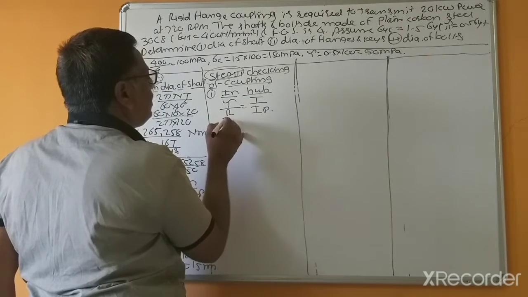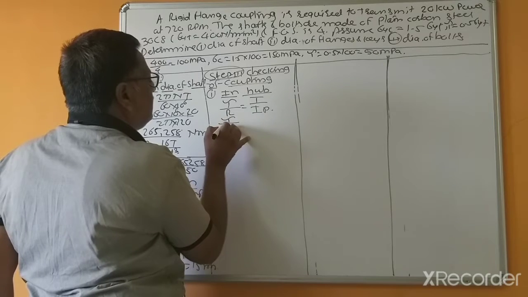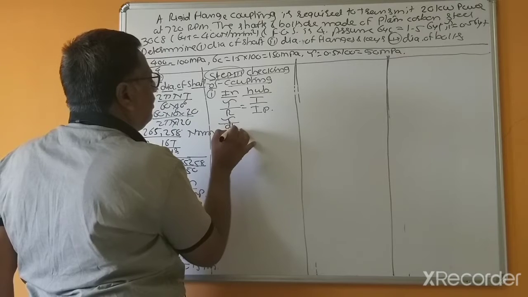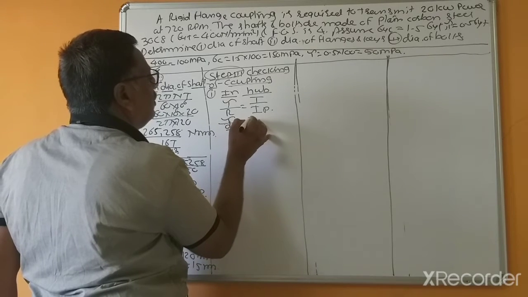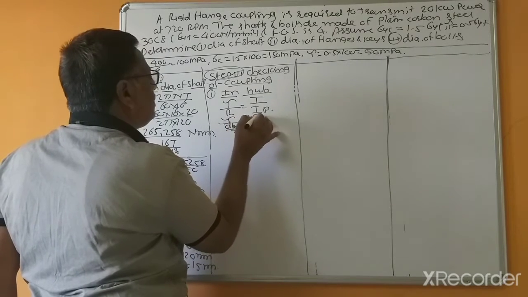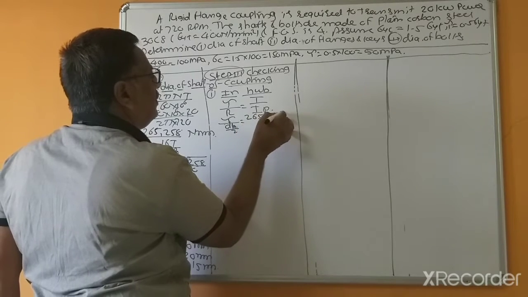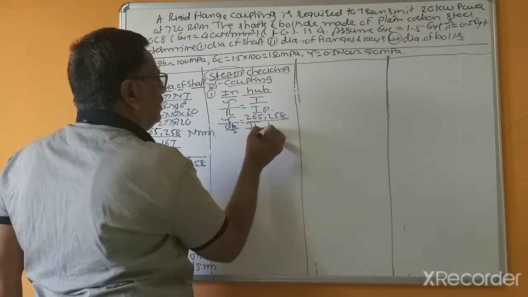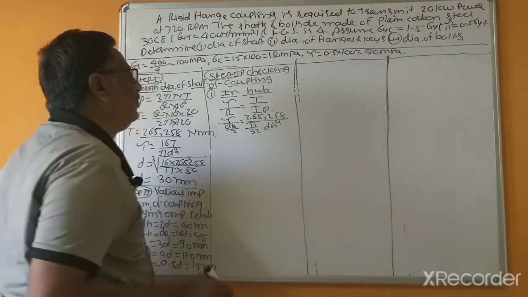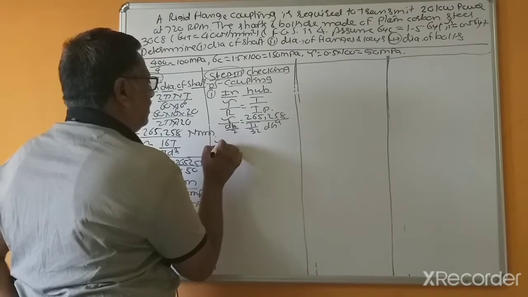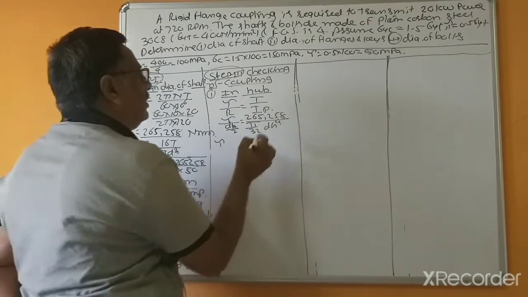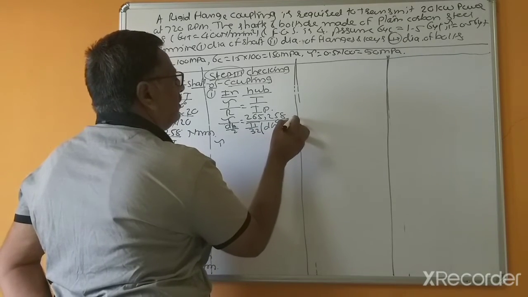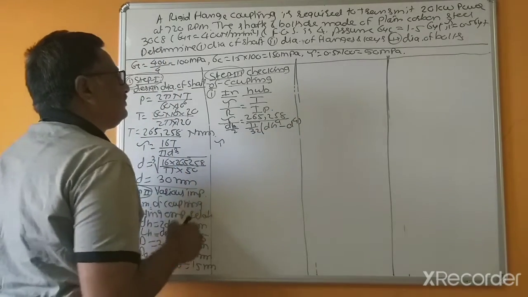Sorry, this is for checking purpose, and R for the hub means diameter of the hub divided by 2. Torque 265,258. Polar moment of inertia pi by 32 (d_H raised to 4 minus d raised to 4), because this is a hollow portion.